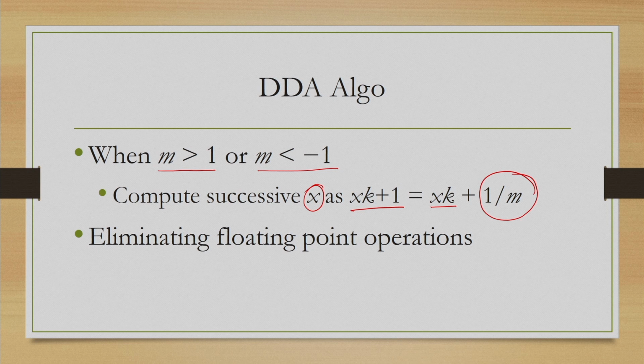So, we can obtain the new x value by adding this constant 1 by m to the current value, and here also by this we are eliminating floating point operations.